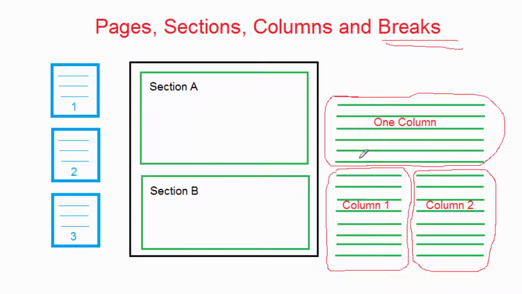For example, if my text is ending here in this example, and assuming it was still going downwards as I am typing and I don't want it to go downwards, I will create a column break here so that the text flows to the second column. That is what we call a break. I'm creating a break to split the text from the previous flow into a new flow. That is what we call a break.